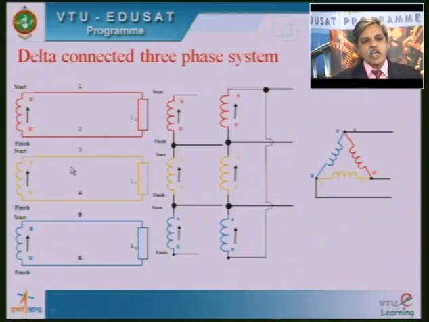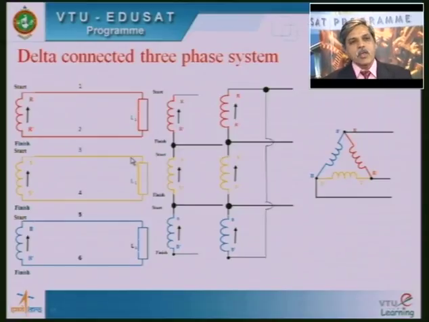In case of delta connection, I can also reduce the number of conductors by interconnecting the systems, but the way of interconnecting the phases is different compared to star connection. Here I connect the finish of R phase to the start of Y phase, and the finish of Y phase to the start of B phase.